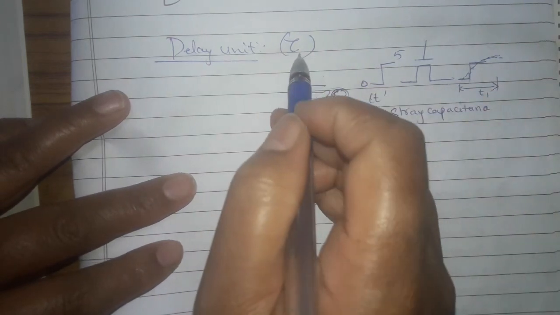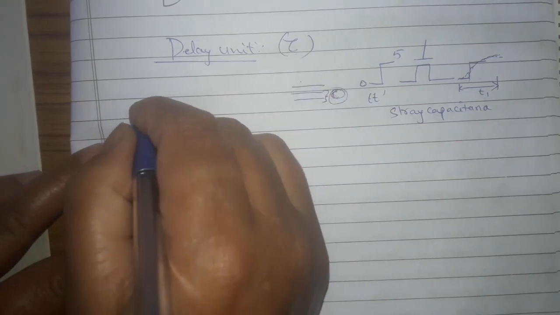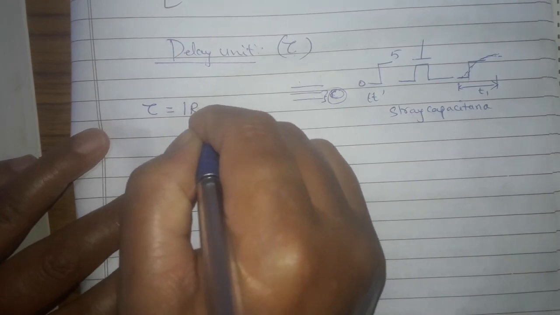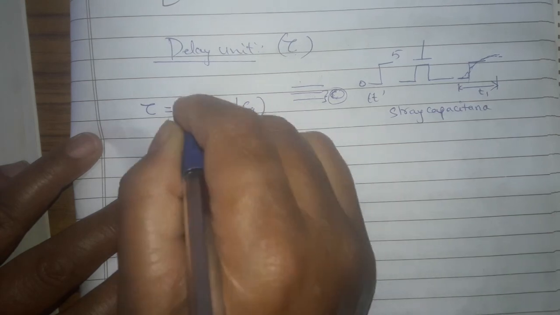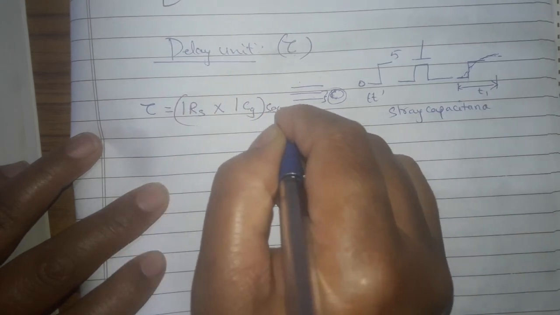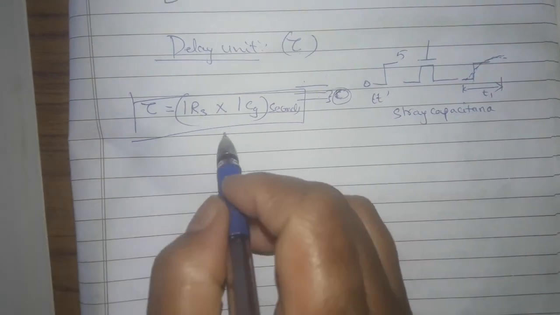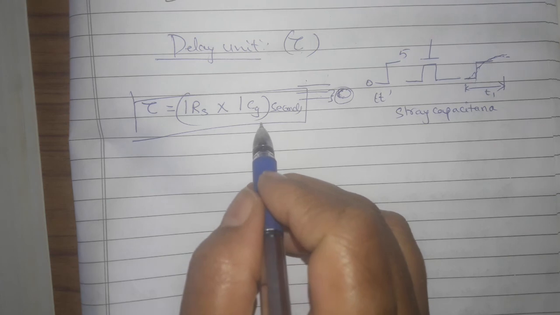That delay is shown as tau. How do I define tau? Tau is defined as 1 Rs into 1 Cg, calculated in seconds. So 1 tau is equal to 1 Rs into 1 square Cg.